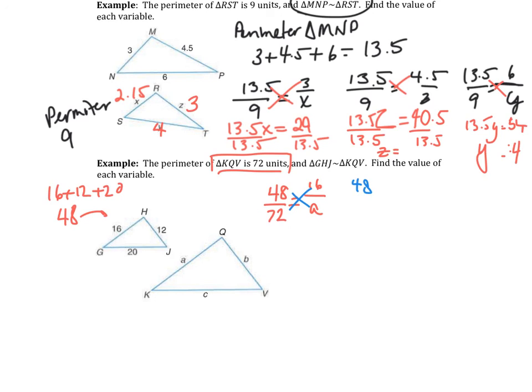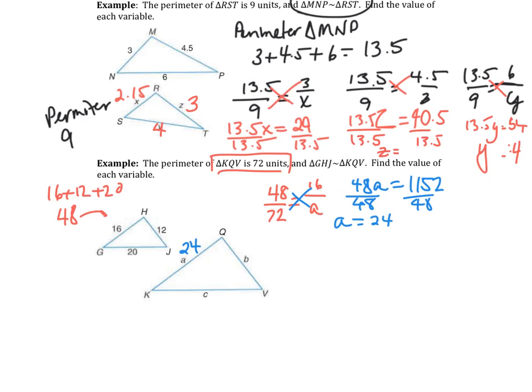So I've got 48A is equal to 72 times 16. 72 times 16 is 1152. Divide both sides by 48, and I get A is equal to 24. We're going to repeat that with the other sides.